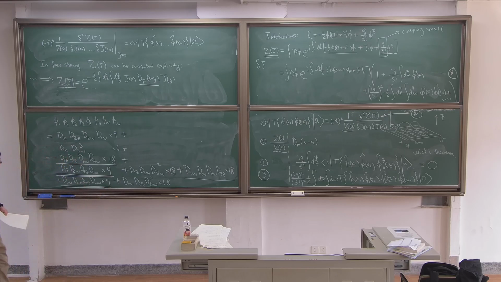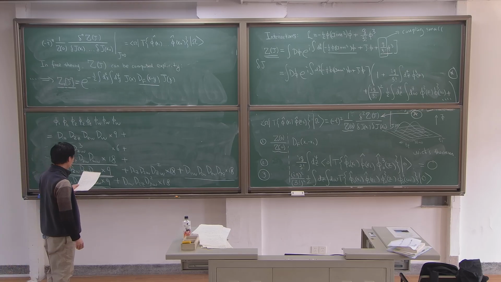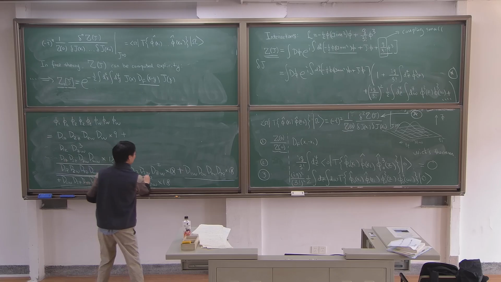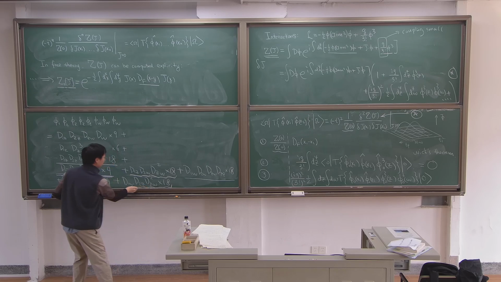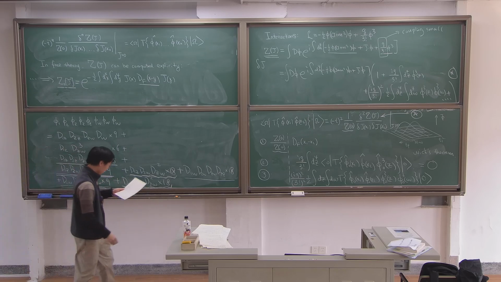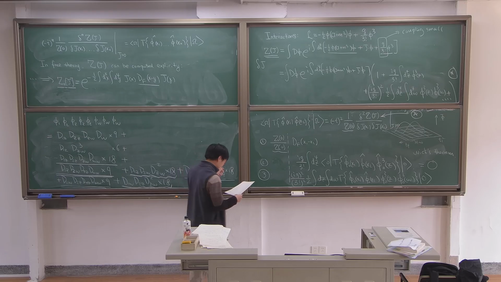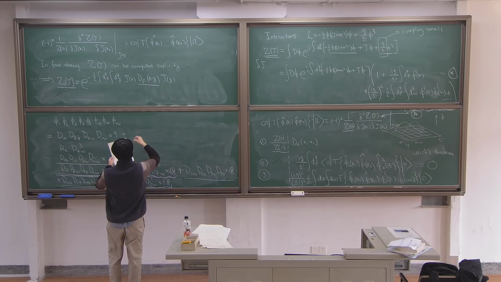You see? Just different parameterization, W and Z, right? And similarly, this one and this one are also the same. So you can simplify this one, okay? So eventually you get the result.